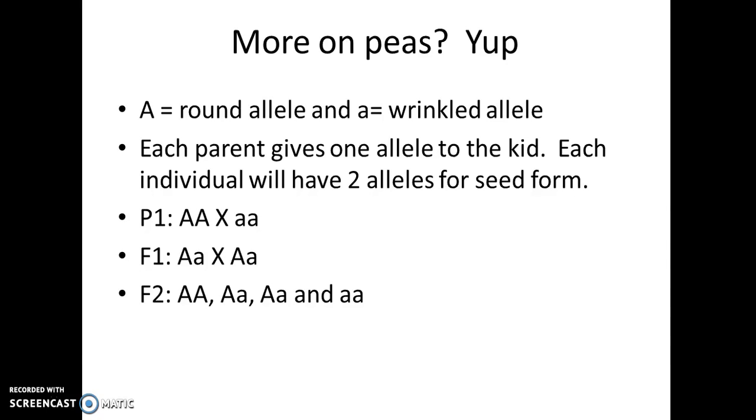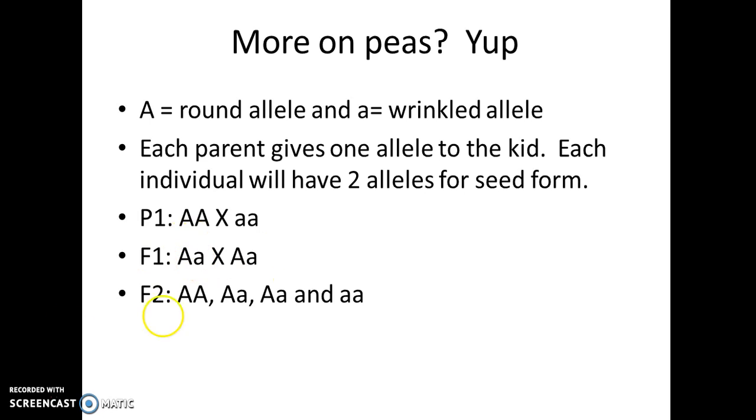So in the P1, we had big A, big A, those are the homozygous round, crossed with the little a, little a, those are the homozygous wrinkled. And now the one parent can only give the big A, since they give one gene, and the other parent can only give the little a. So we had heterozygous round peas.